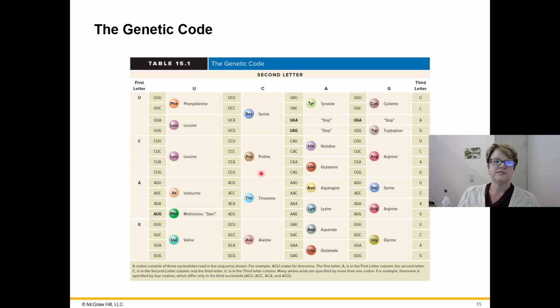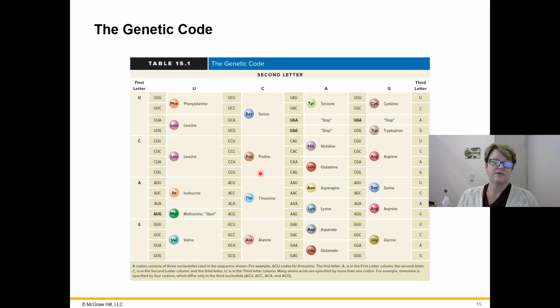Now, if there's a mistake in the mRNA, there's no way the ribosome could know, and there's no way the tRNA could know. Each process is doing one job. And so if there's a mutation in the DNA, which gets copied into the mRNA, then you could get a codon that wasn't supposed to be there coming into the ribosome.